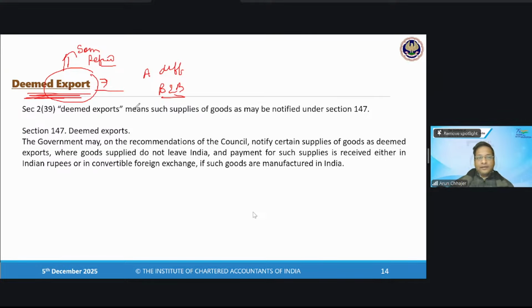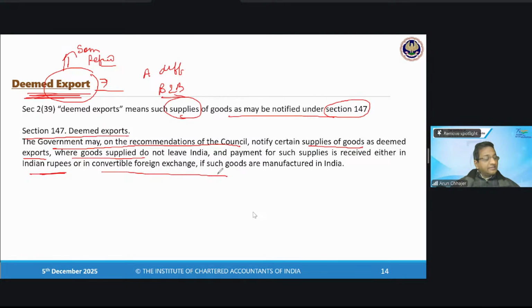Okay. A deemed export means supplies of the goods as may be notified under Section 147. Section 147 says that the government, on the recommendation of the council, notifies certain supplies of the goods as deemed export, where goods supplies do not leave India and payment is received either in Indian rupees or in convertible foreign exchange.